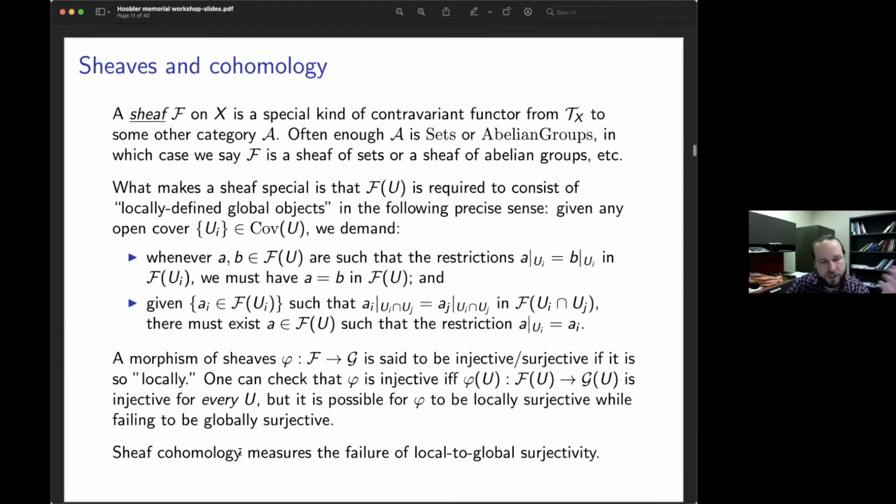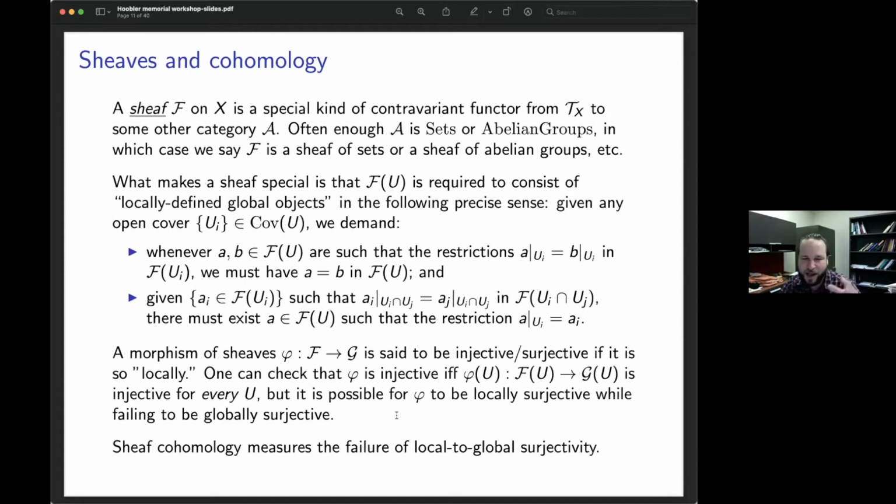And sheaf cohomology, what it's for is, in a sense that I'll make precise later, sheaf cohomology is there to measure the failure of being surjective locally implying that you are surjective globally. You're not always, but to what extent does that fail? Cohomology captures that in a precise sense.